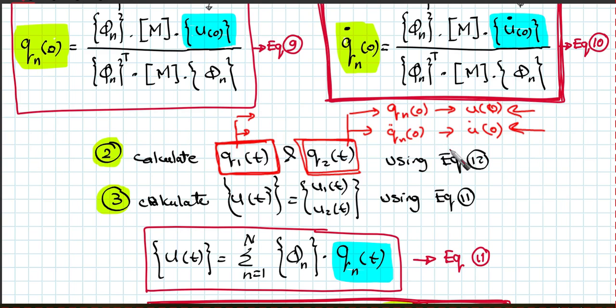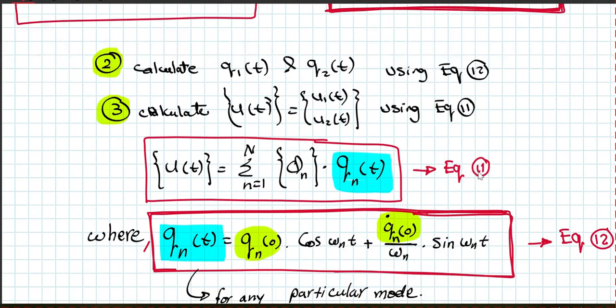Well, that's very fine. From where can we obtain q1 and q2? It is from equation 12. Let's clear here and move on. This is equation 12, and as you see, qn of t has two parts. One term contains qn node, and the other term contains qn dot node.